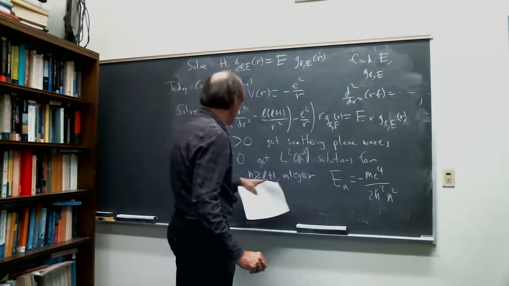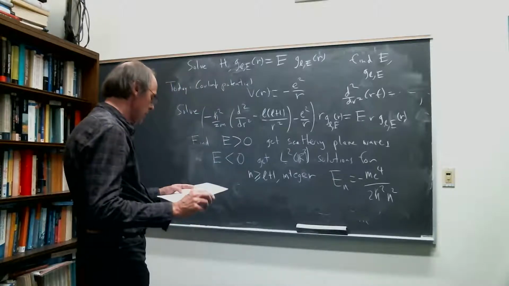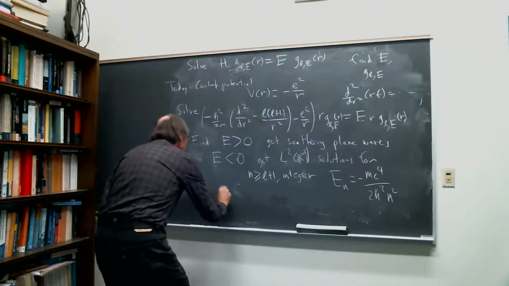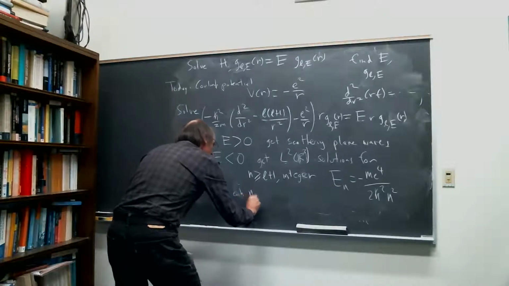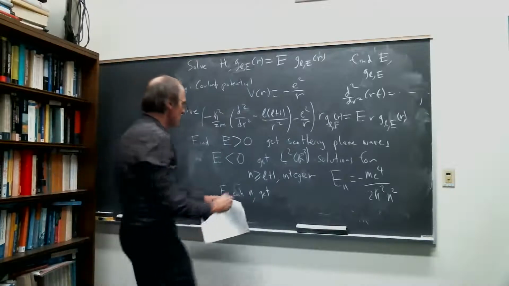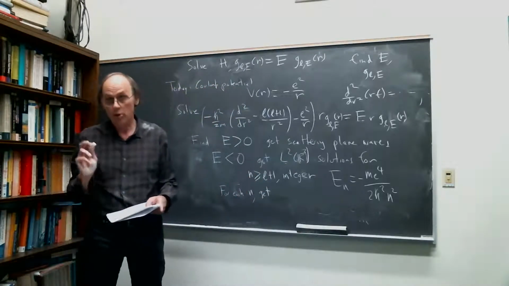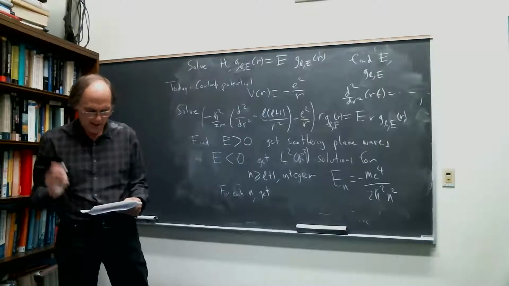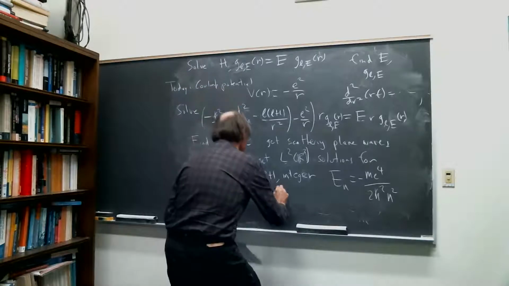So n is an integer, and for each n you get solutions. So if you choose n and look at what the possible L's are, have I got this right? You get solutions.